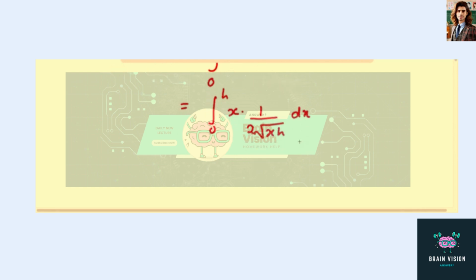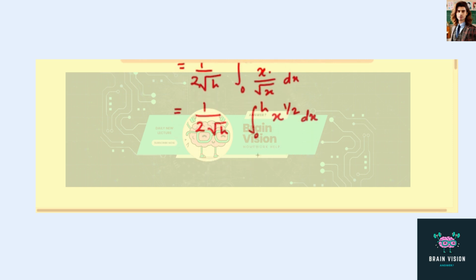Here 2 and h are constants, so that means 1 upon 2 root h, integral 0 to h of x divided by root x dx, so it will be x to the power 1 by 2.